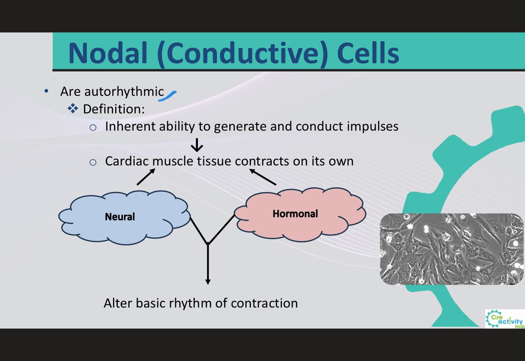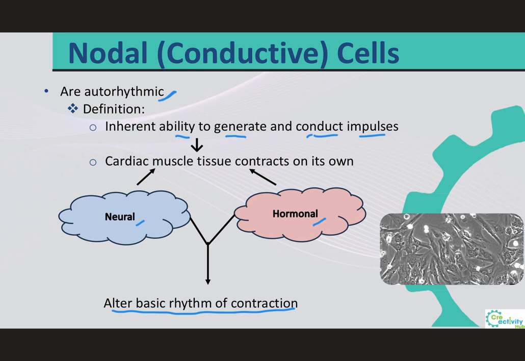We have talked a little bit already about this, but autorhythmicity just means that the cardiac cells are able to start to contract on their own without the influence of any neural or hormonal stimuli. But it is true that these neural or hormonal stimuli are able to alter the basic rhythm of contraction.